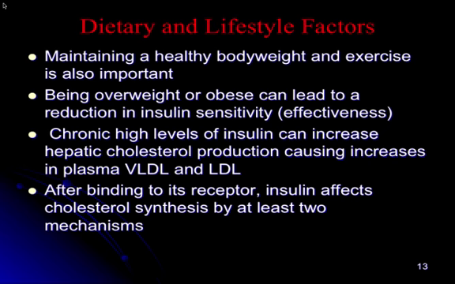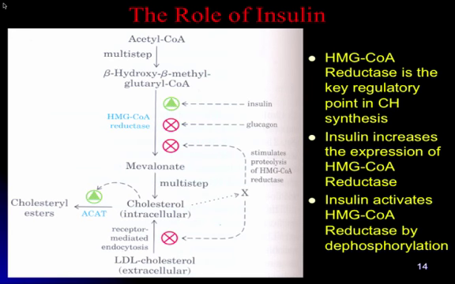Now, how it works. After binding to its receptor, insulin affects cholesterol synthesis by at least two mechanisms. One, if we look over on the right side, remember HMG-CoA reductase? That's the enzyme that controls the rate-limiting step in cholesterol synthesis.